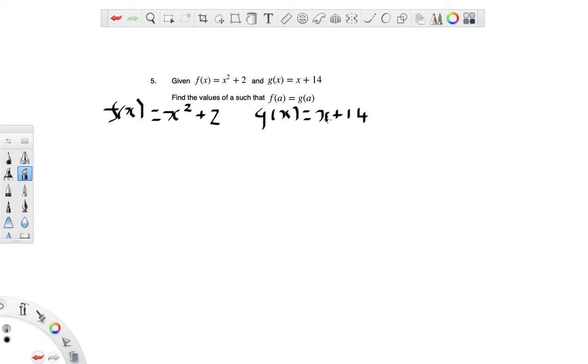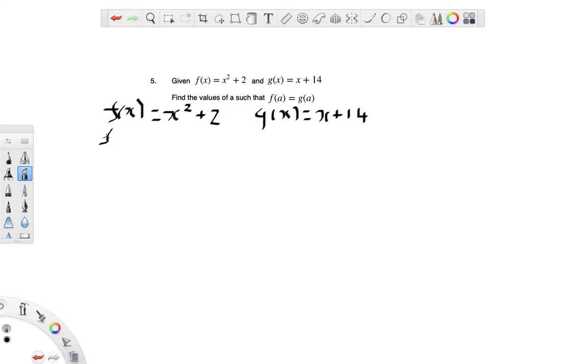Then it says find the values of a such that f of a is equal to g of a. So it would make sense that we would have to work out what f of a is and what g of a is. So we'll do that.